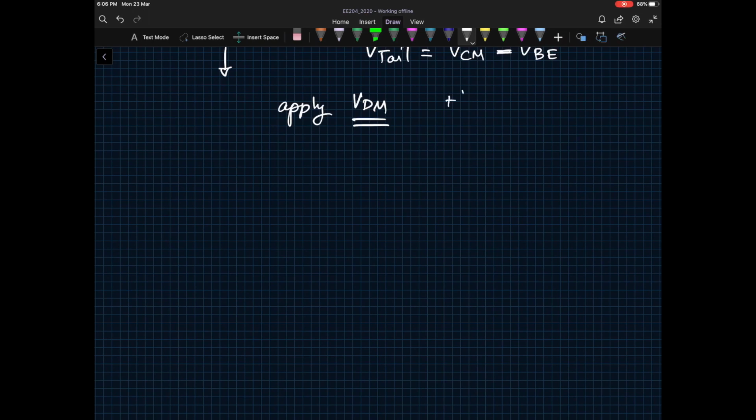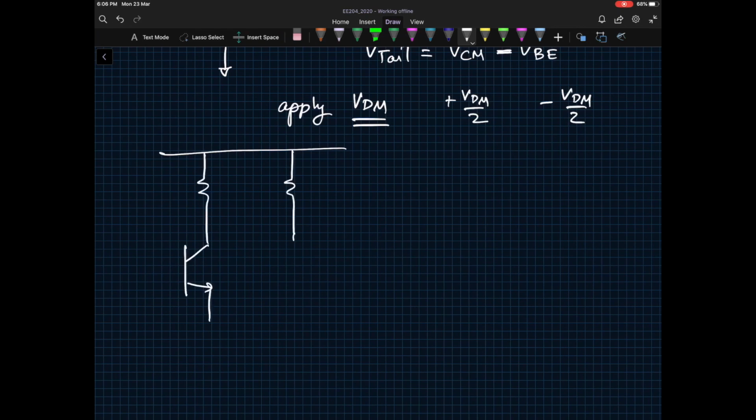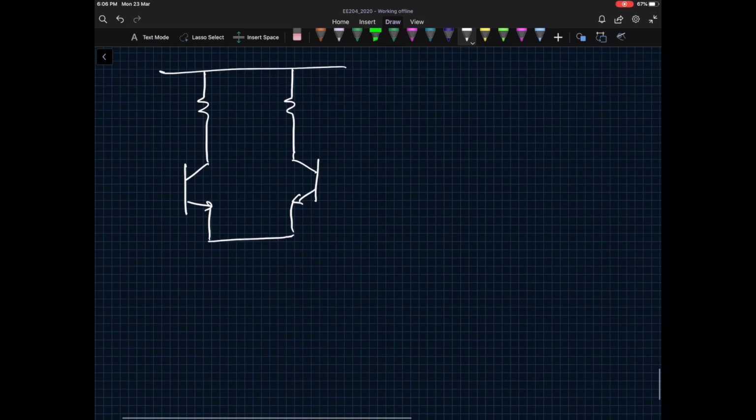So on one side we will apply VDM by 2. Other side we will apply minus VDM divided by 2. Okay. So the circuit looks like this. I'm intentionally focusing on this circuit quite a lot because it's very important to understand this very well, because this is like the foundation circuit which you will be using in many places.